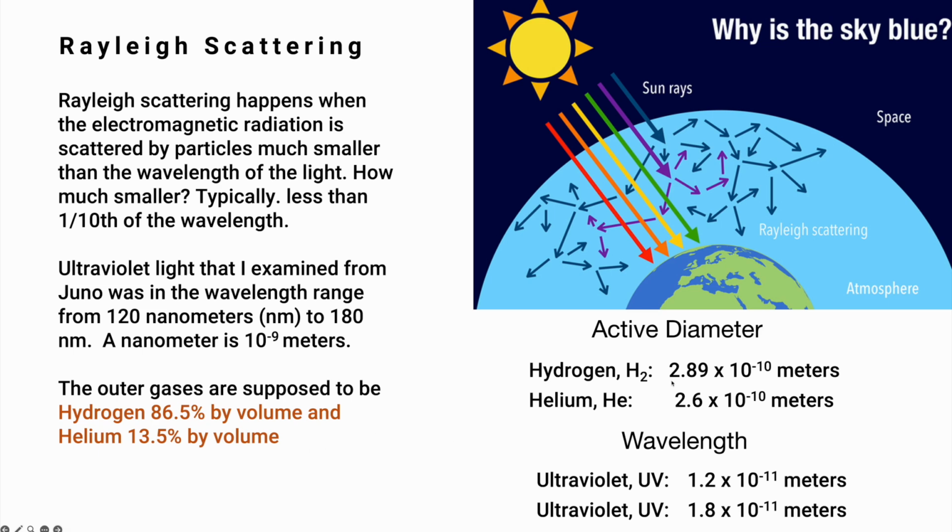The active diameter for hydrogen, usually in the form of H2, molecular hydrogen, is 2.89 times 10 to the negative 10 meters, and helium 2.6 times 10 to the negative 10 meters, whereas the wavelength of the UV light is in the 10 to the negative 11 range, 1.2 and 1.8.